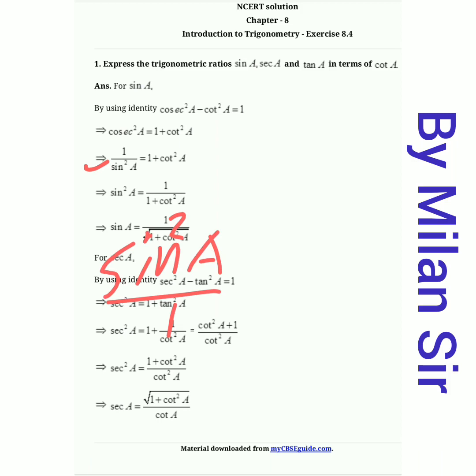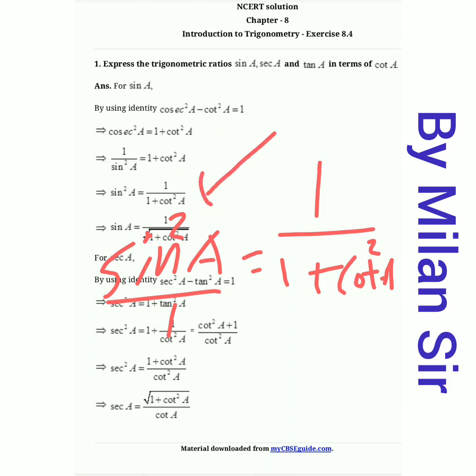That's why here it is only sin square A. Now on the right hand side, nothing is in the denominator, that means 1. We can write 1 plus cot square A by 1. Then change the numerator and denominator. So it will convert into 1 upon 1 plus cot square A. That is written here. Right? Sin square A is equal to 1 upon 1 plus cot square A.